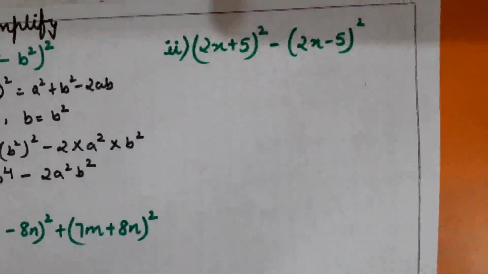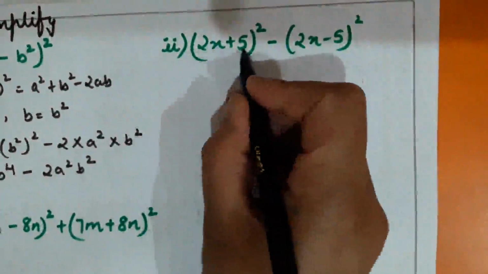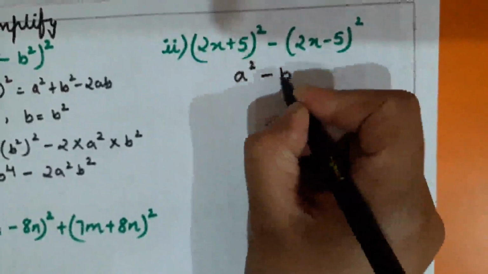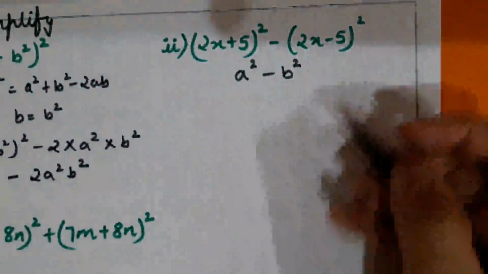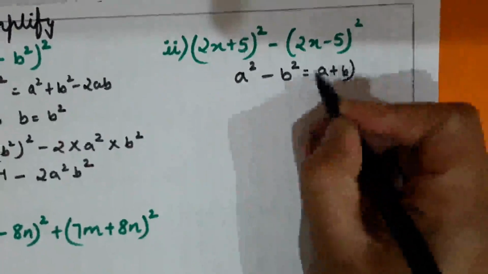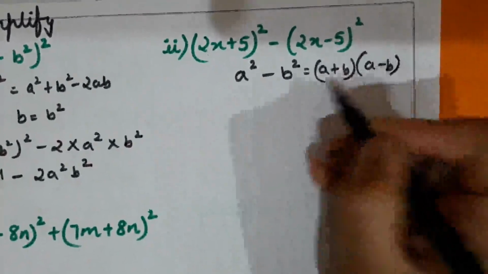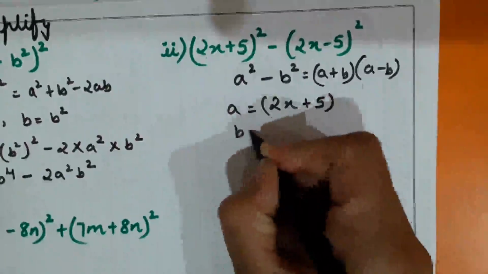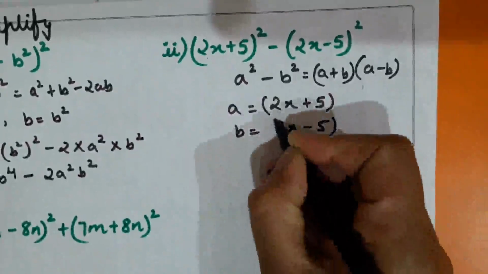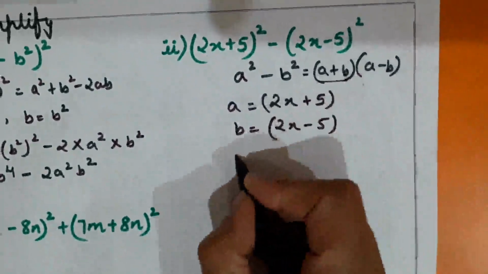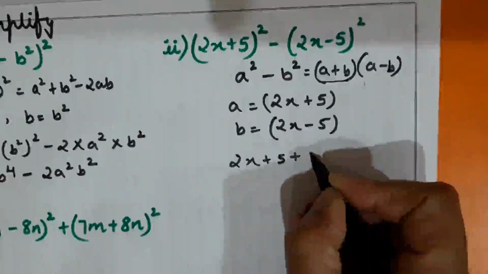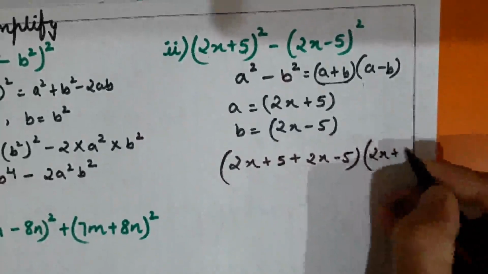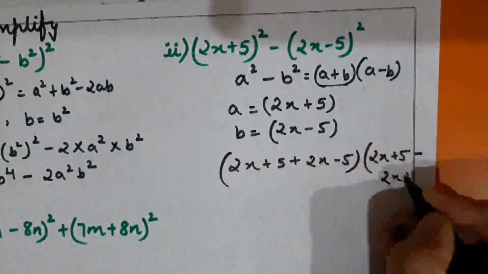Let's move to the next part. Second part of question number 4: (2x plus 5) whole square minus (2x minus 5) whole square. So a square minus b square formula, you can use (a plus b)(a minus b). a is 2x plus 5 and b is 2x minus 5 here. So a plus b means 2x plus 5 plus 2x minus 5. a minus b is 2x plus 5 minus 2x plus 5.